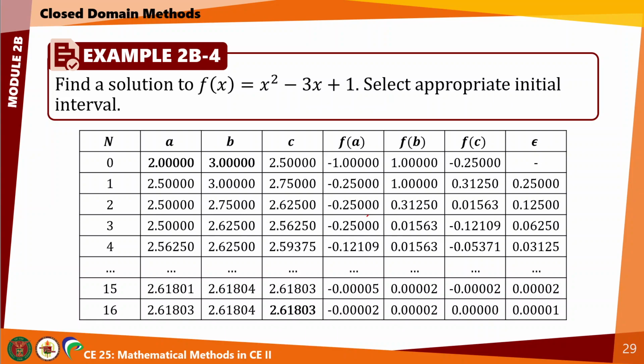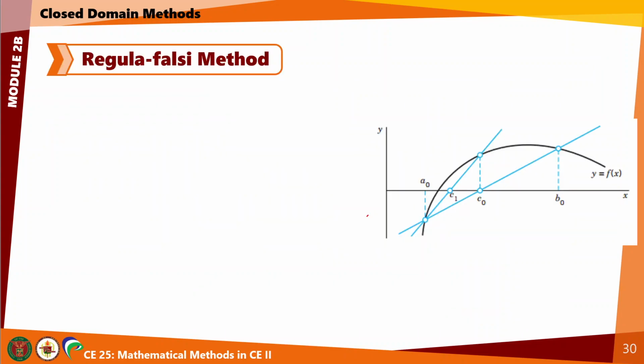Punta naman tayo sa last method natin or yung other method natin for closed domain method. That would be the regular falsi method. Okay, other term for this is the method of false position. So kung sa bisection method, ang ginagawa natin is kinukuha natin yung midpoint between the interval. Dito naman, ang nangyayari is we connect the function values, yeah, the points kung saan nandun yung interval.